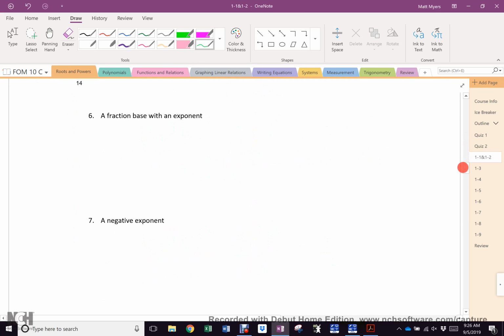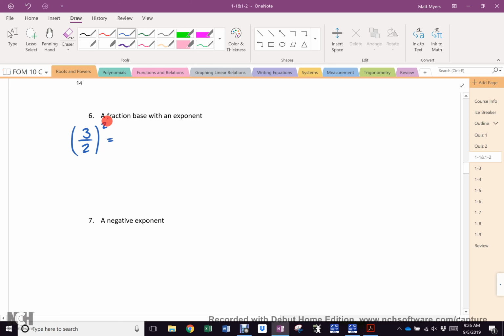Turn the page over. Number 6. Might be new to you, might not, but it's easy to figure out. A fraction base, 3 over 2, to an exponent of 2. You're smart kids. When it was 3 times 2, where did that exponent go?